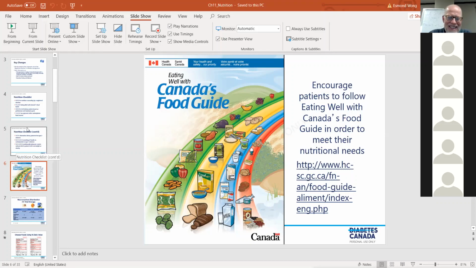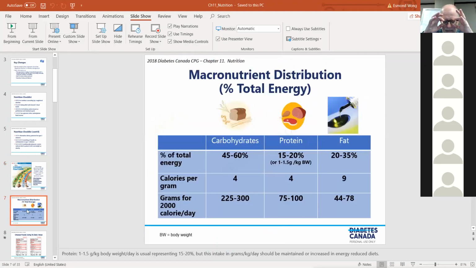So just now I was just reviewing the food groups from Canada's food guide. Now, Diabetes Canada recommends so much carbohydrate, protein, and fat. The carbohydrate recommended is 45 to 60% of the diet, 15 to 20% from protein, and 20 to 35% from fat.